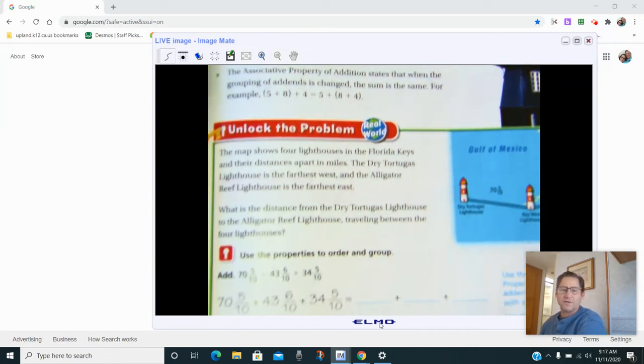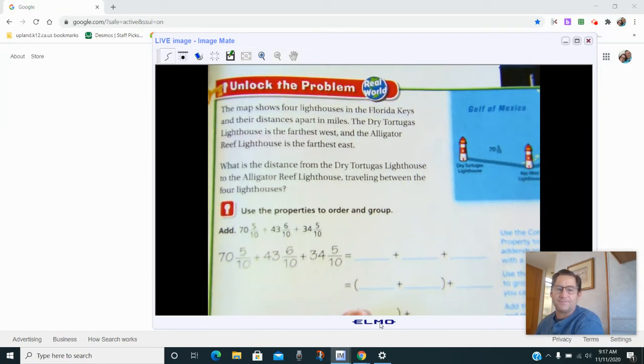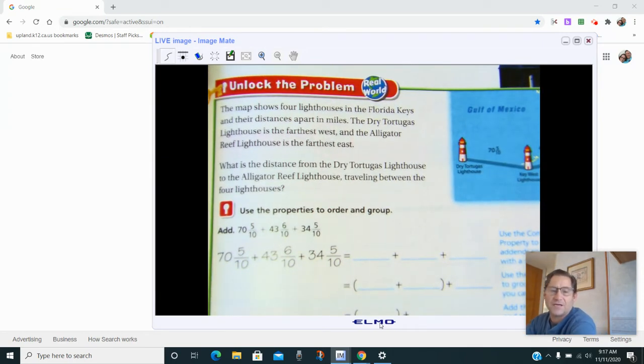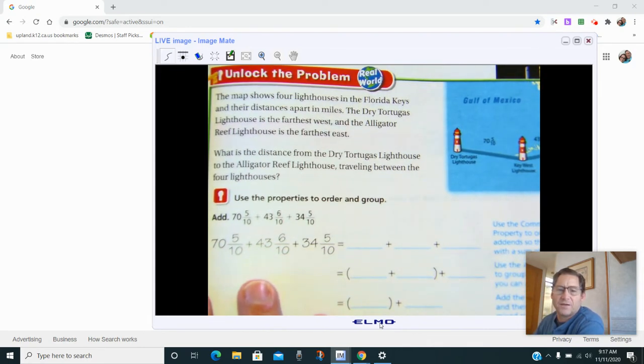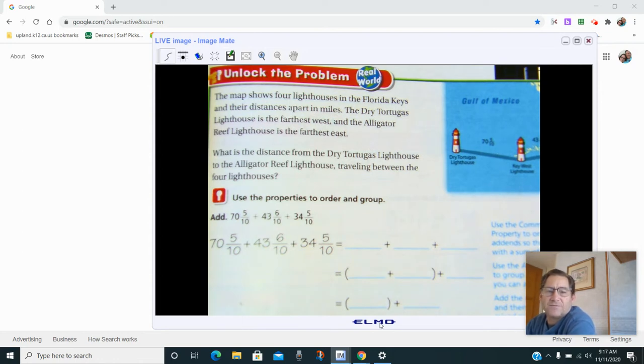Okay, so we're going to be looking at those two properties today, again, to help us add fractions or mixed numbers with fractions. The map shows 4 lighthouses in the Florida Keys, and their distances apart in miles. The Dry Tortugas Lighthouse is the farthest west, and the Alligator Reef Lighthouse is the farthest east.